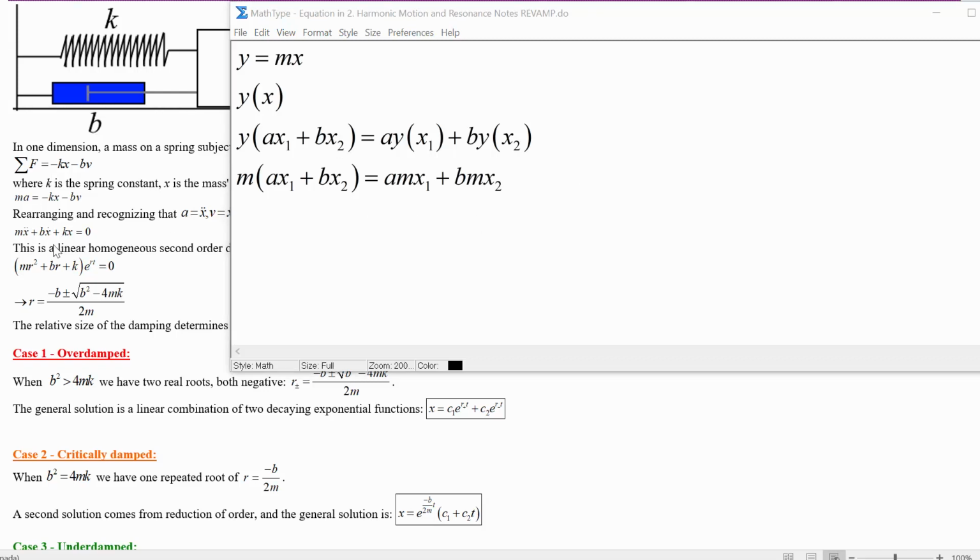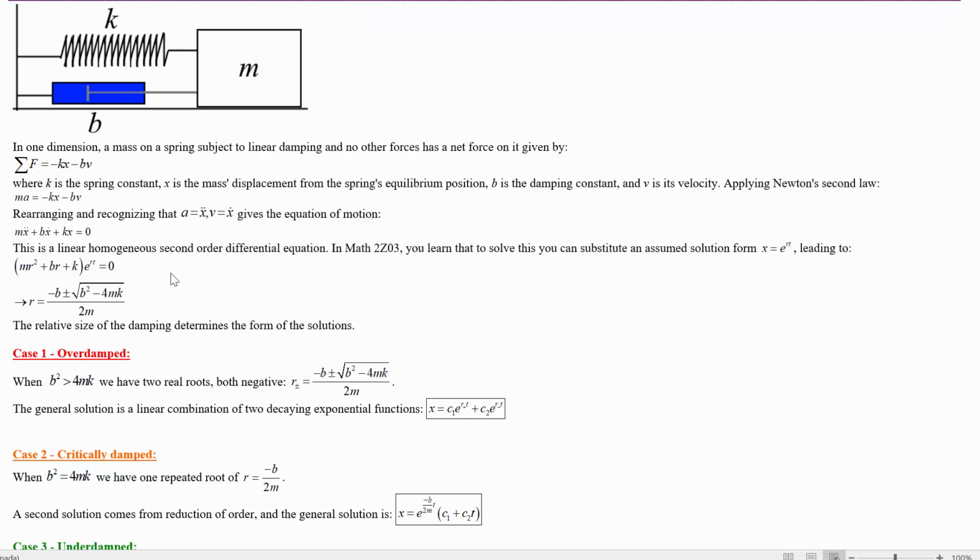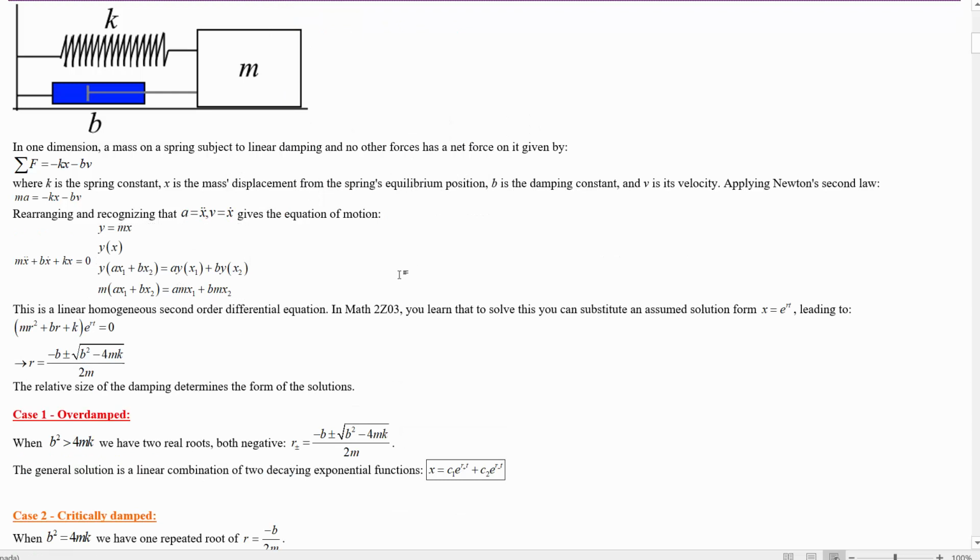Now, because time derivatives are linear operators themselves, this combination here, m x double dot plus b x dot plus k x, this is a linear operator, right? This thing on the left.